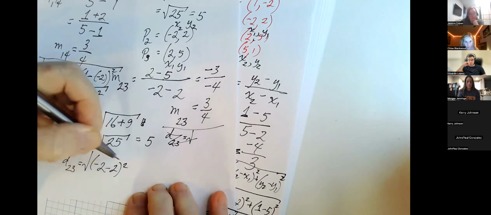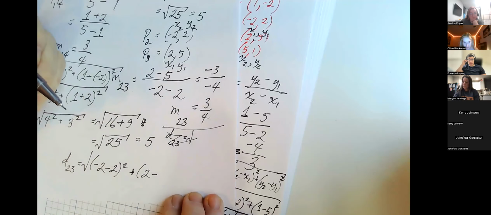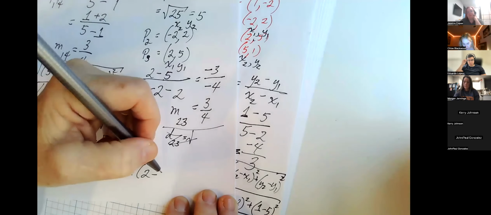We're using P3, which is 2 comma 5. So here, X1 is going to be 2. What is Y2? 2. Thank you. And Y1. 5.